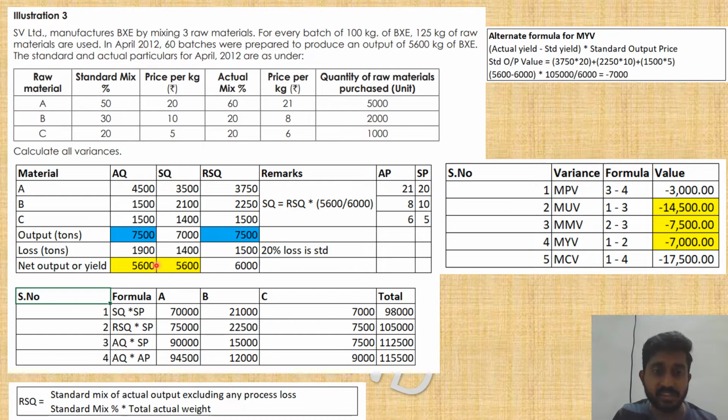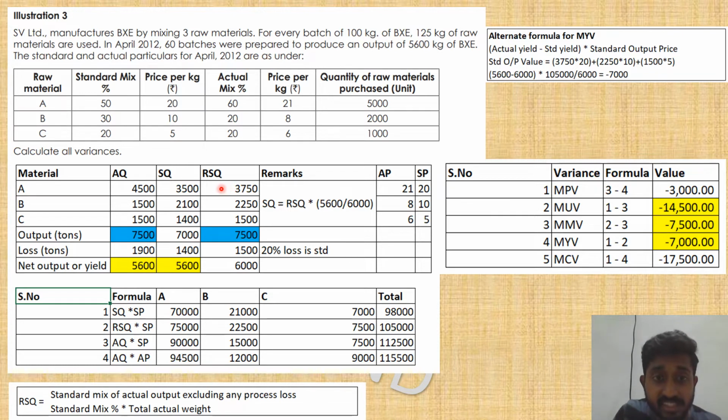Now we can calculate the standard quantity. How to calculate the standard quantity? This is the formula which we discussed even in our last class. Standard quantity and revised standard quantity are proportional to each other.